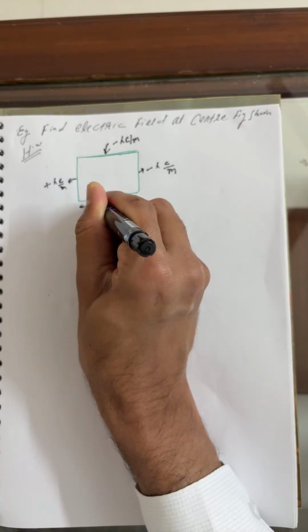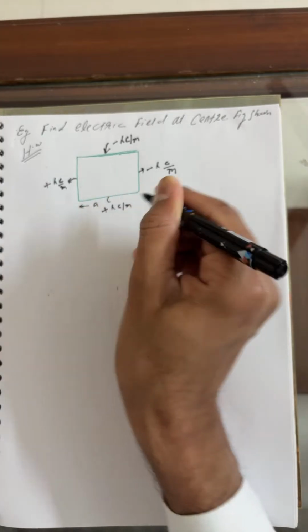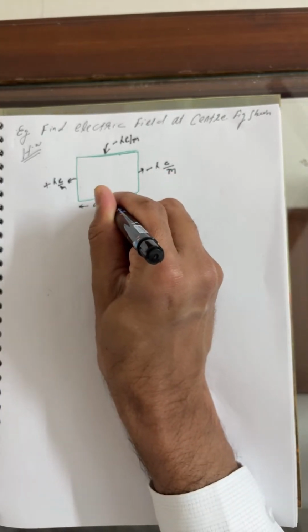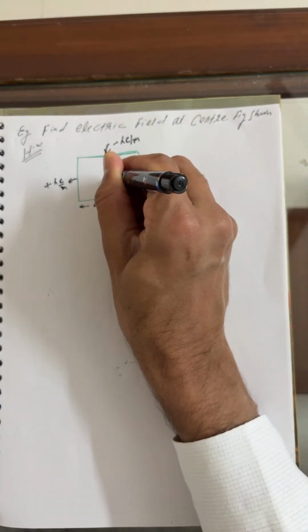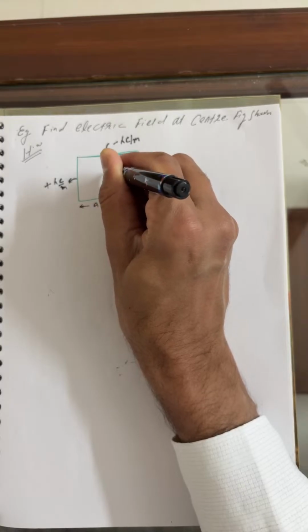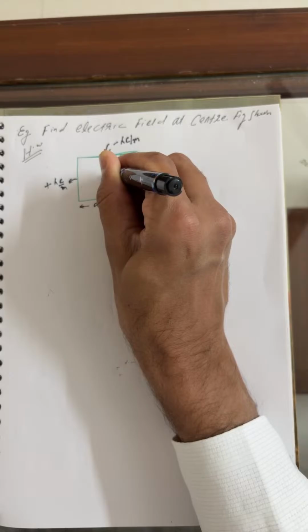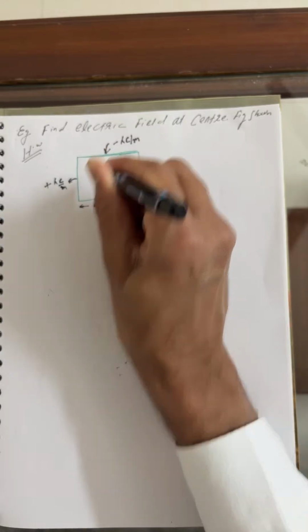This is what you can take: the sides of the square. Yes, beta, this is the question. Students, you have to calculate the electric field at point O due to all the bars.